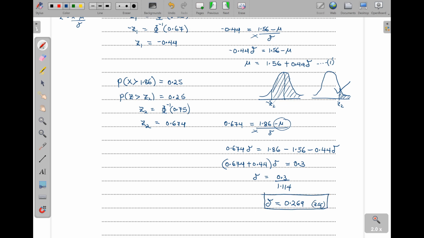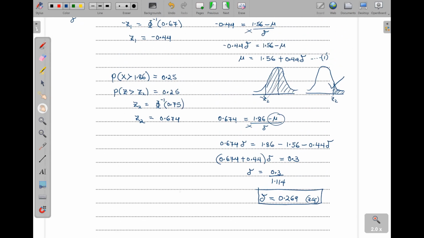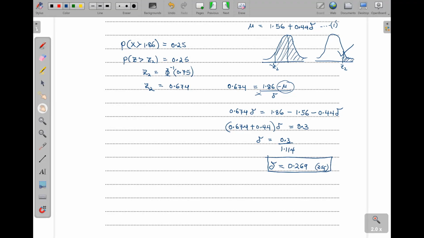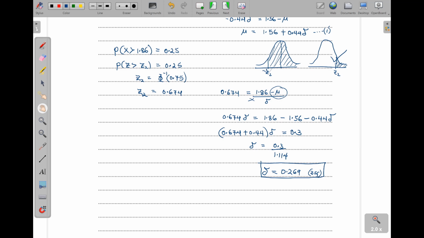So that is that. Then we can now substitute for mu in any of, in fact, in this equation that we got. So mean is therefore going to be equal to 1.56 plus 0.44. Don't use this one which is rounded. You can use this one which is exact. So times the 0.3 out of 1.114.